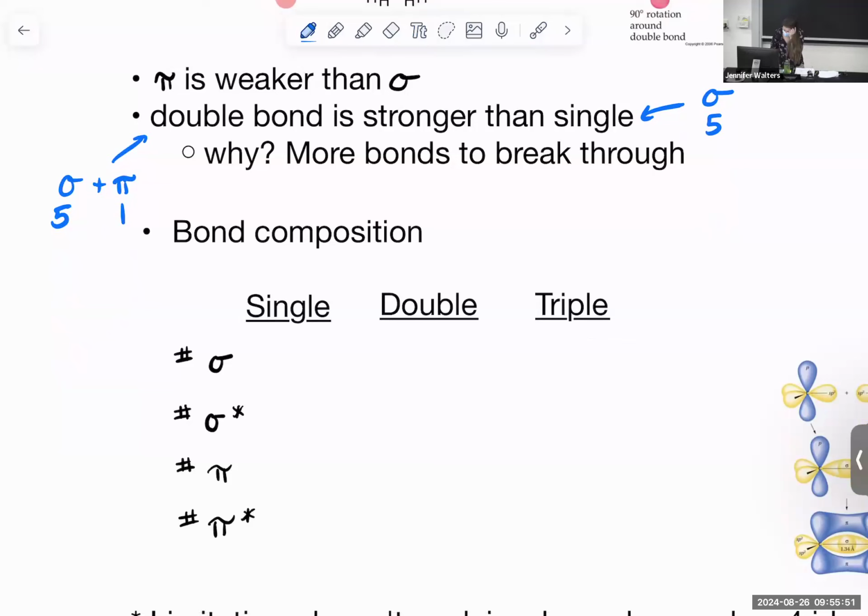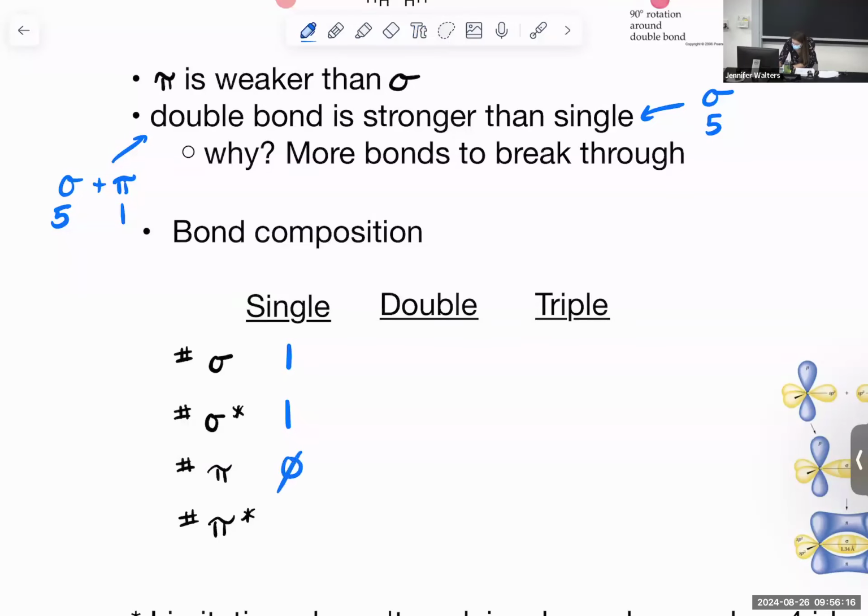So for our bond compositions, a single bond is going to be made up of one sigma orbital. You will also have one sigma star. It'll be empty in order to have a bond, but it still exists.